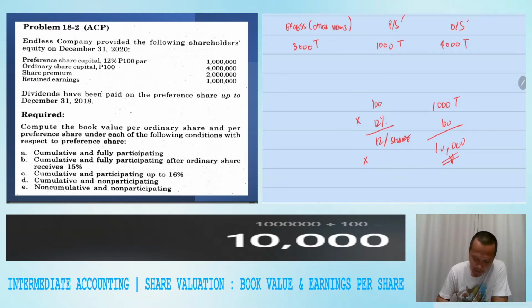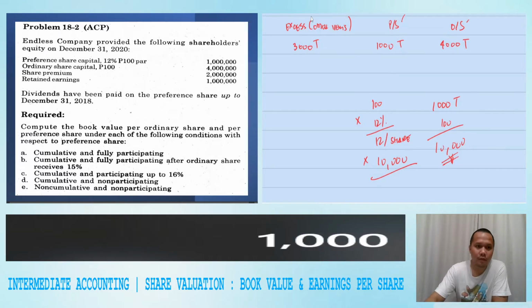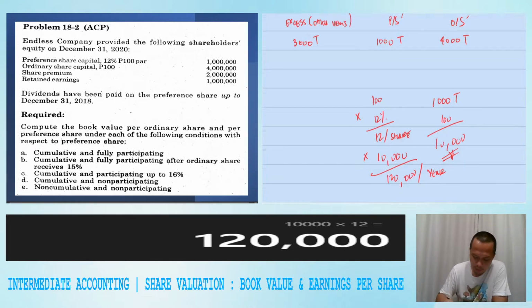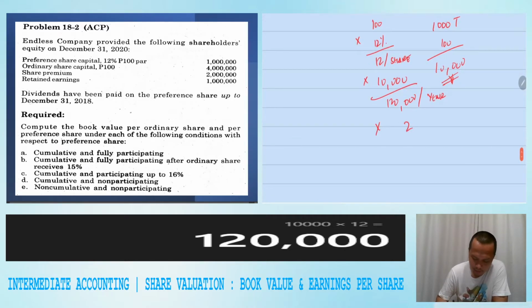So 12 per share times 10,000, we have 120,000 dividends per year for the preference share. And kasi cumulative siya, that is for 2 years. So we have 240,000.